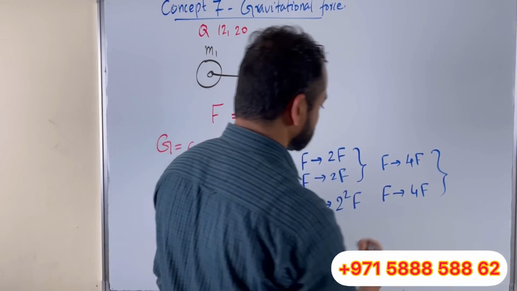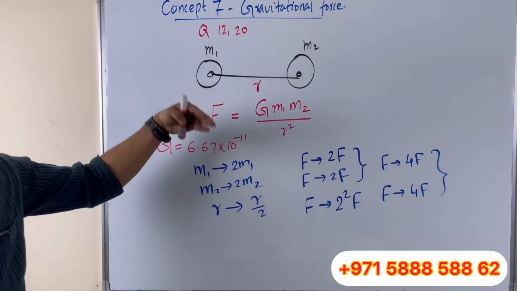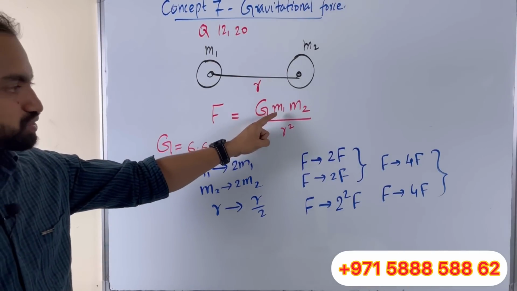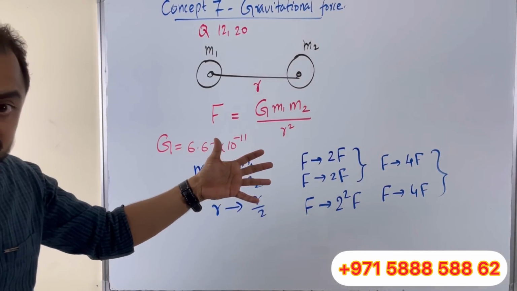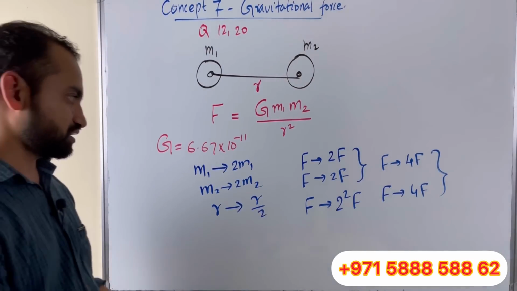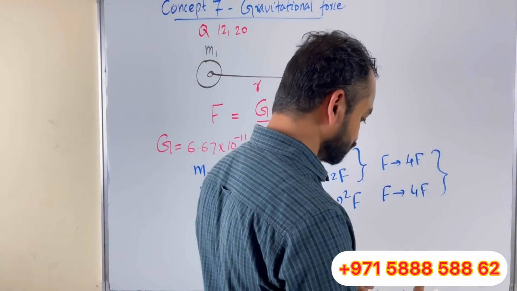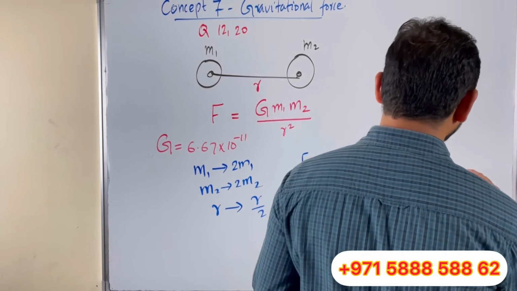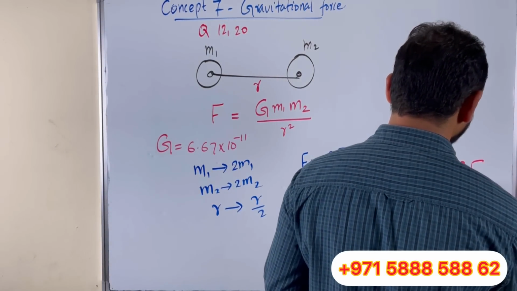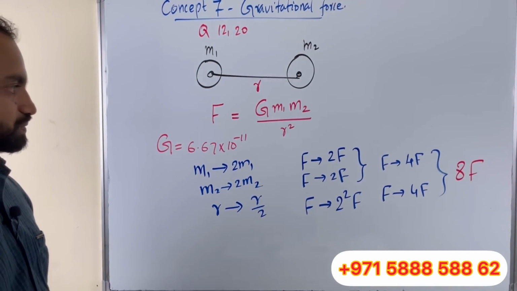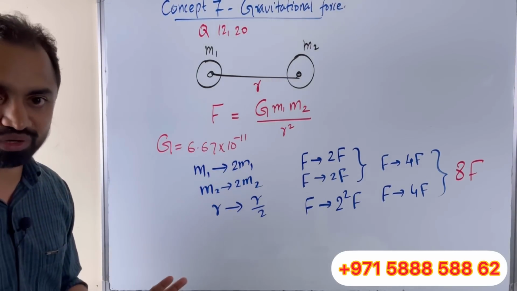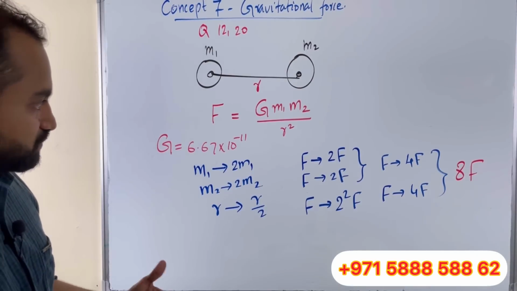So here you can see when you increase both the masses, you increase this mass to 2 times, this mass also to 2 times, and you decrease the distance to half of the initial distance, then the total change in the force will be 8 times. The force increases by 8 times. Okay, do you understand this? What I said is we will do it separately.